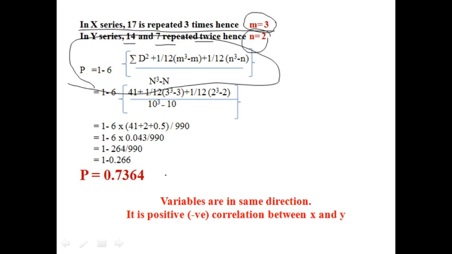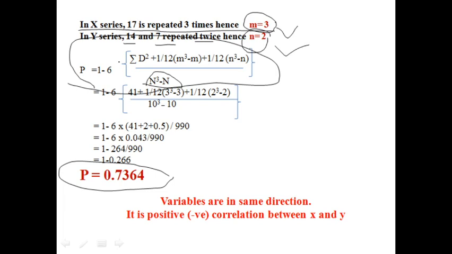Here capital N is your total number of observations, m is for the x series, and small n is for the y series.